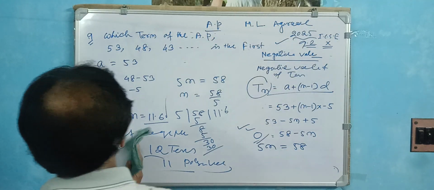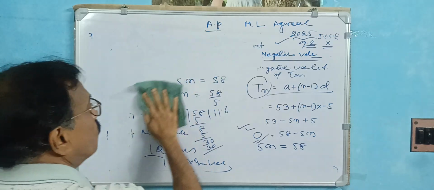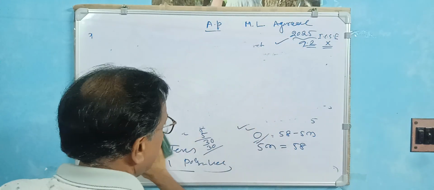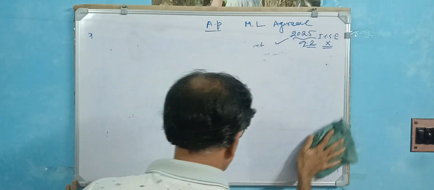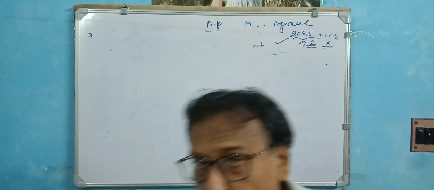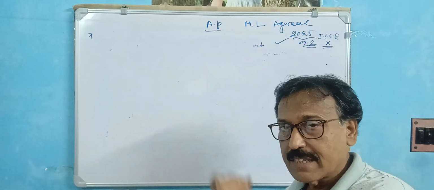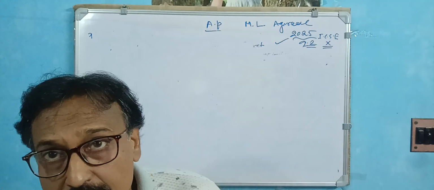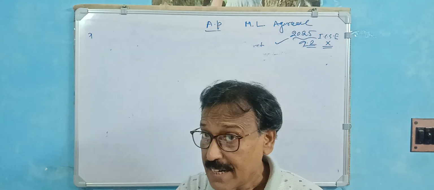For the next sum, clear? This is a very interesting sum. First negative term, that is very important. 11.6, 0 is coming, but 11.6 does not belong to the terms because of natural numbers. The next value after 0 is negative. 11 is the natural number, so the next natural number is 12. So the 12th term is the first negative value.